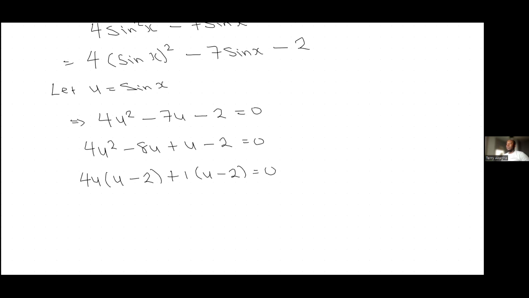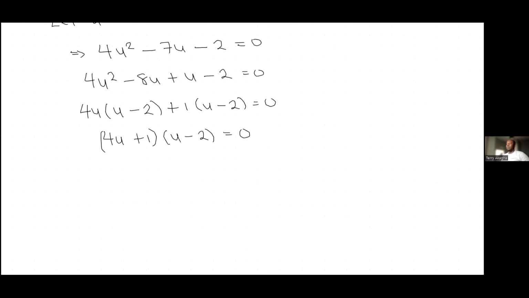You put it together, so it's going to be 4u plus 1 and u minus 2 is equal to 0. Then as usual, we equate each of them. So it's going to become 4u plus 1 is equal to 0, and u minus 2 is equal to 0.